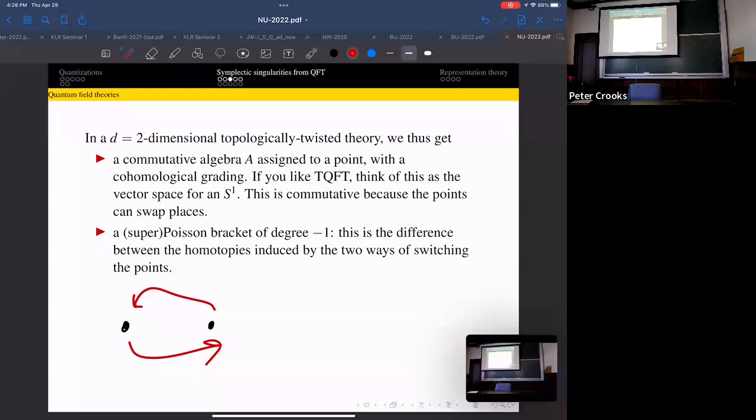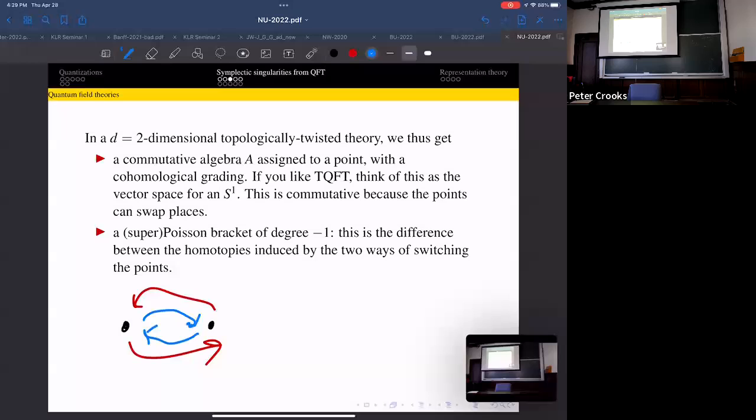Okay. But I had to make a choice about how they swapped places. Right? So I drew them swapping places this way, but maybe I would prefer that they swapped places the other way. And when I do that, I get a different homotopy from one multiplication to the other.